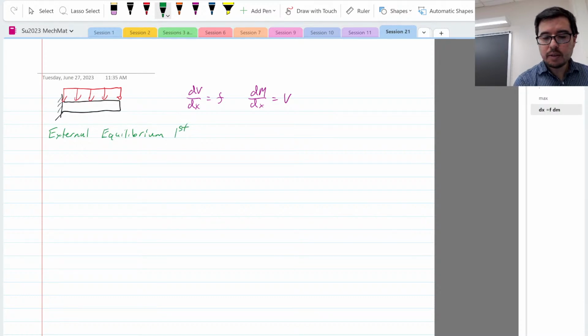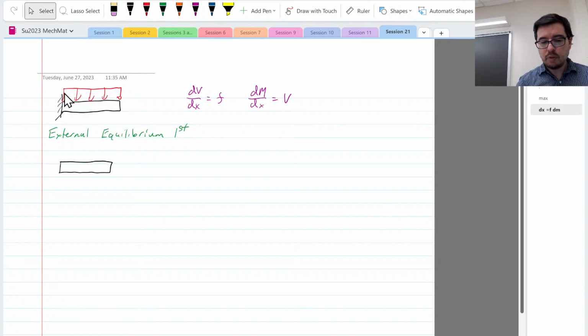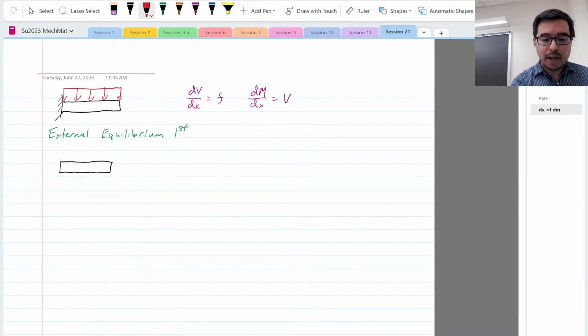So for this, I'm going to go ahead and draw the beam again. And I have two constraints here: a vertical one and the force. And I get to choose. When it's reaction forces, I don't care about conventions.